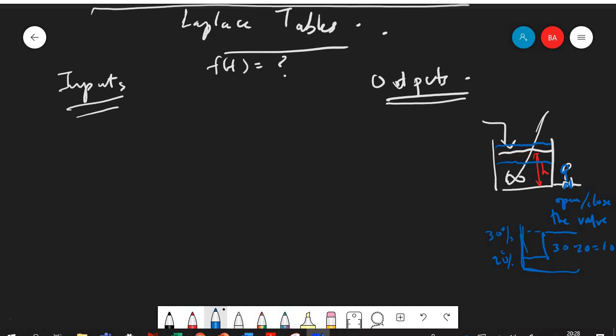So the first thing we're going to target here is a step input, and usually step inputs are numbers. So if you have 1, for example, the f of s after taking Laplace will be 1 over s. And if it's 10 in our case, it will be 10 over s. If you want more details, you can go back to the PowerPoint presentations that explain Laplace in detail. So this is why we take the Laplace of a number, because it is important.